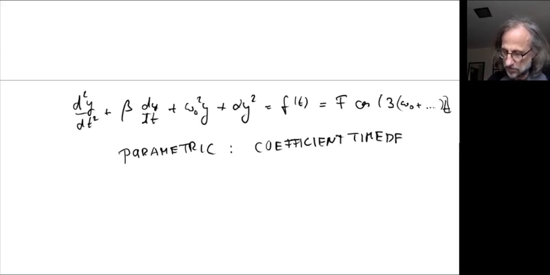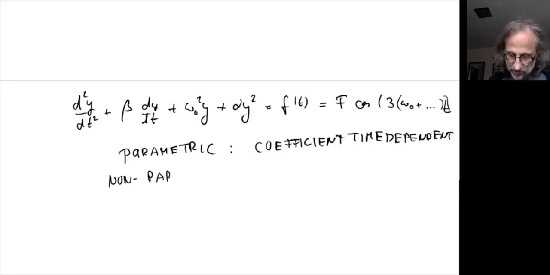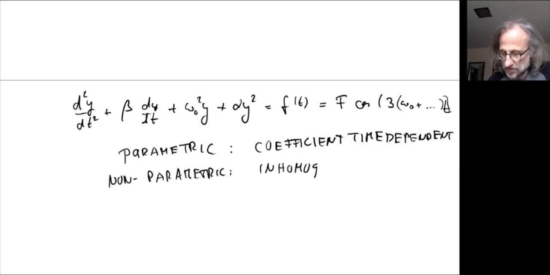So, for instance, in a swing, that would be when you pump, meaning you bend your knees, you come up and down, which effectively changes the length of the pendulum of the swing, and that's a parameter in the problem. Whereas the non-parametric forcing is an inhomogeneous term. That's when somebody stands behind the person and pushes the person on the swing. It's an additional, external force.